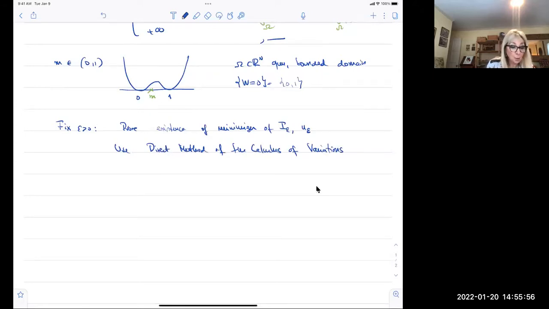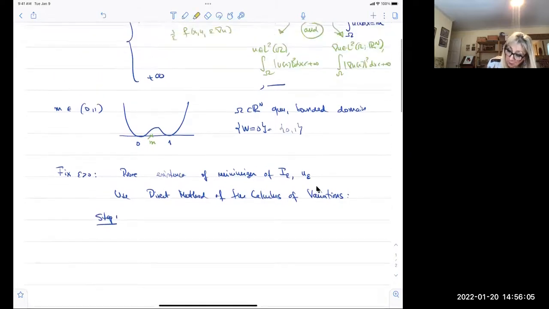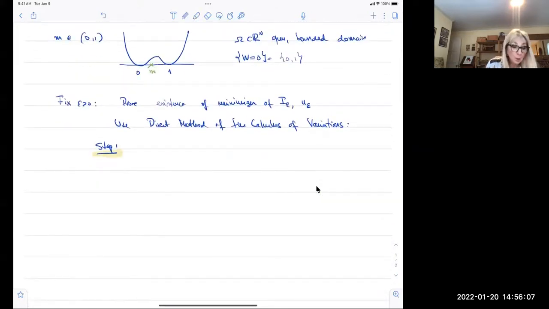And so the first step, I remind you, is you consider an infimizing sequence, which, since this is for epsilon fixed, I will index with an upper script n, so that's a sequence in n.